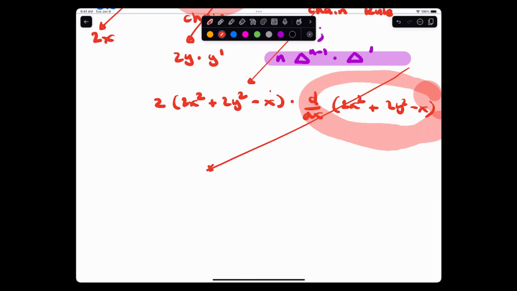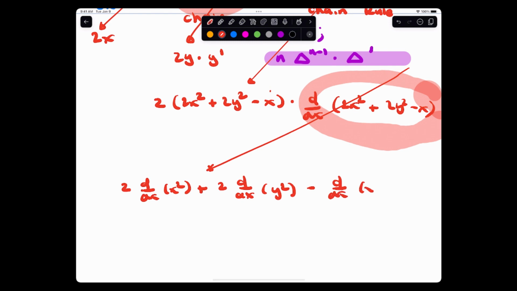Well, by properties of derivatives again, 2 d dx of x squared plus 2 d dx of y squared minus d dx of x.